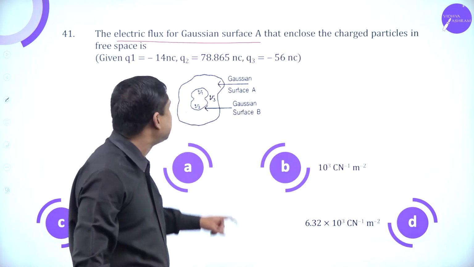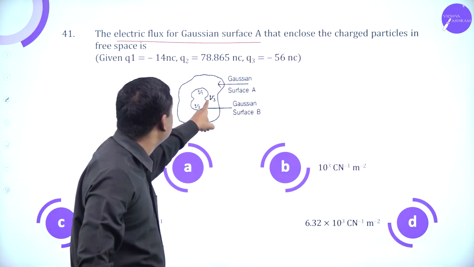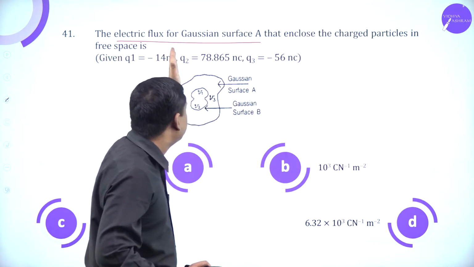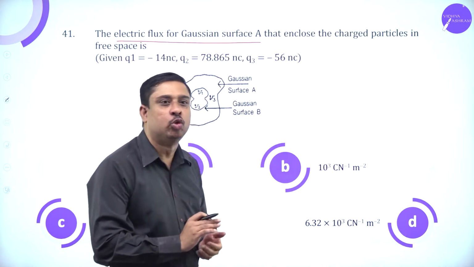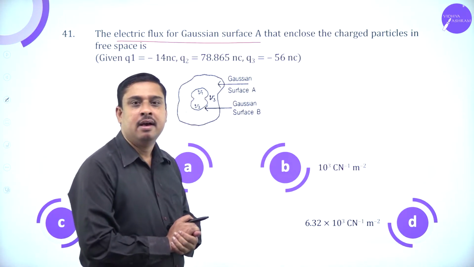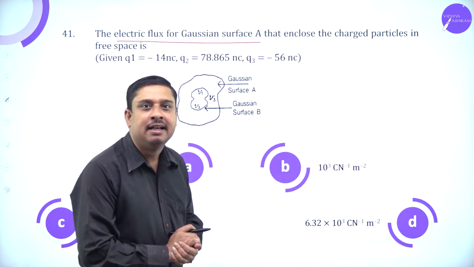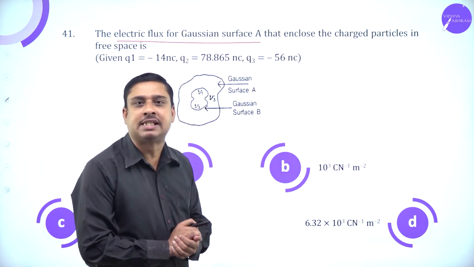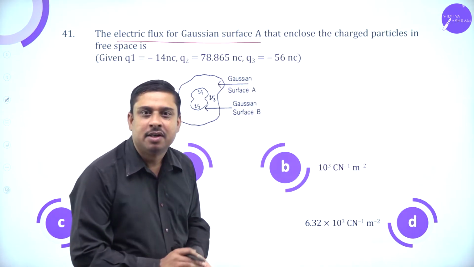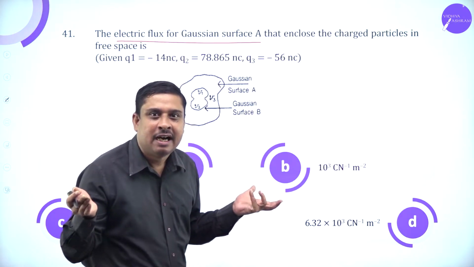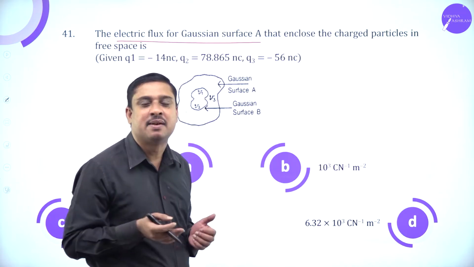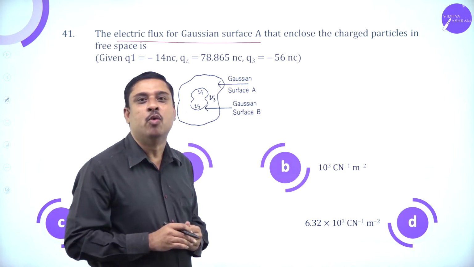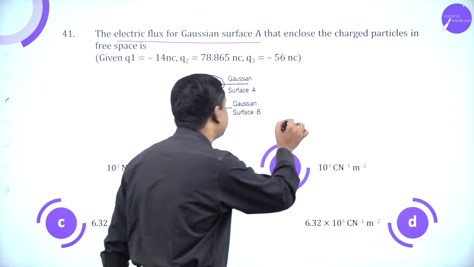It encloses charges Q1, Q2 and Q3, and the magnitude of Q1, Q2 and Q3 is given. I have to find the electric flux across that closed surface. So wherever you have a Gaussian surface, wherever you have charges, how will I find the electric flux?